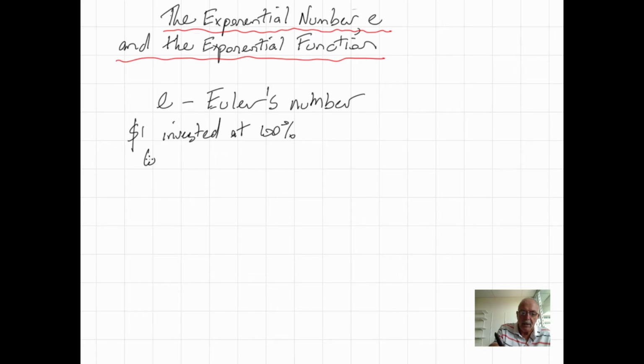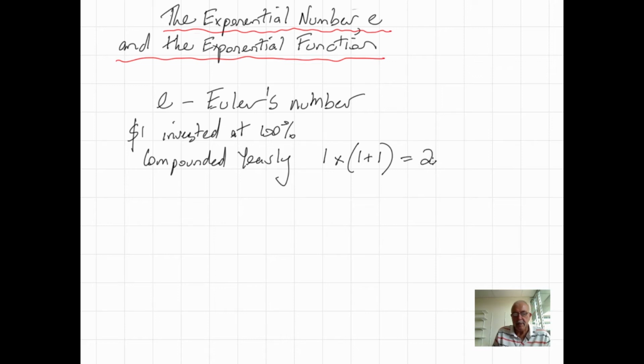If it was compounded yearly, at the end of 1 year you would have 1 multiplied by 1 plus 100%, which is 1, over 1 year, so it'll be just 1. And so you'll have $2 at the end of 1 year if it was compounded yearly.